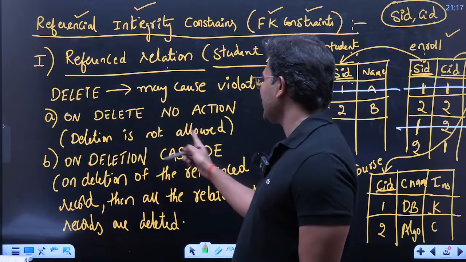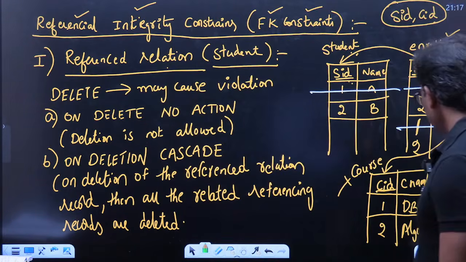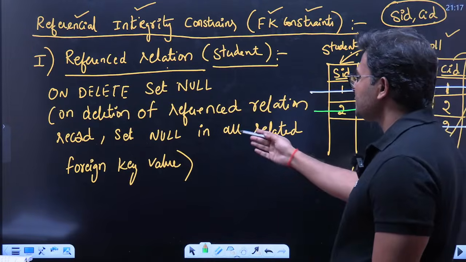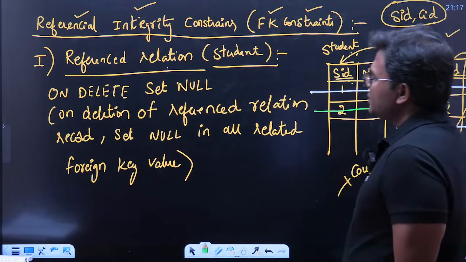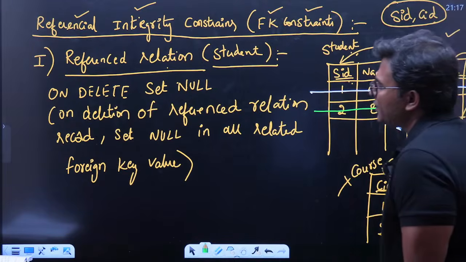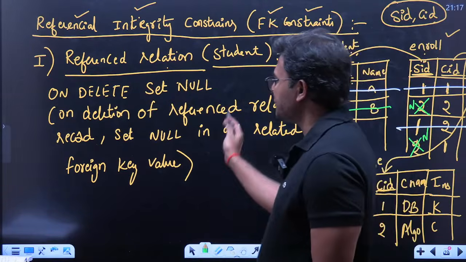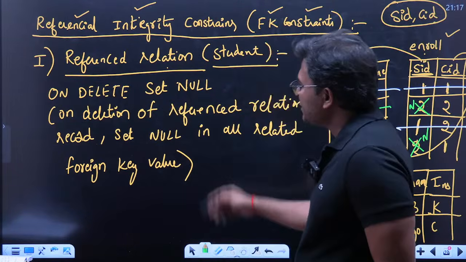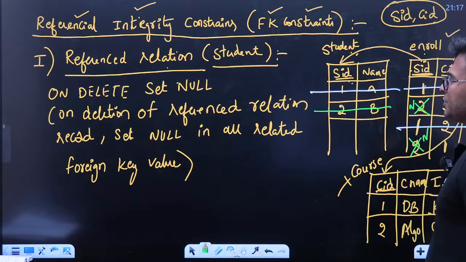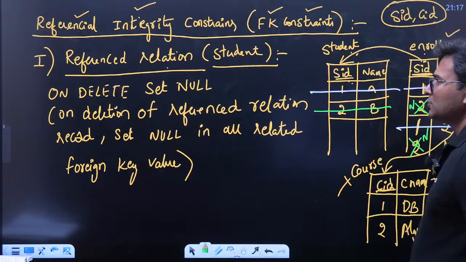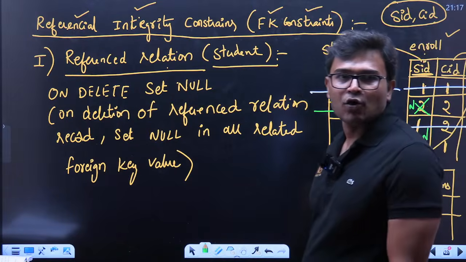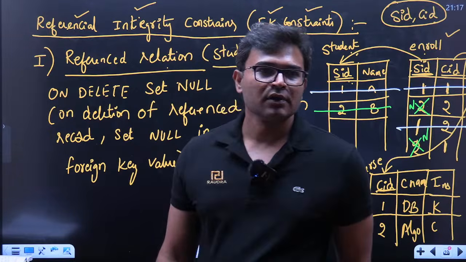On deletion, cascade. On deletion, set null. These are the three options you can choose as a database administrator. Once the DBA makes these decisions, they can only be changed by the DBA, because he has the highest access rights, right? I hope you understood this.